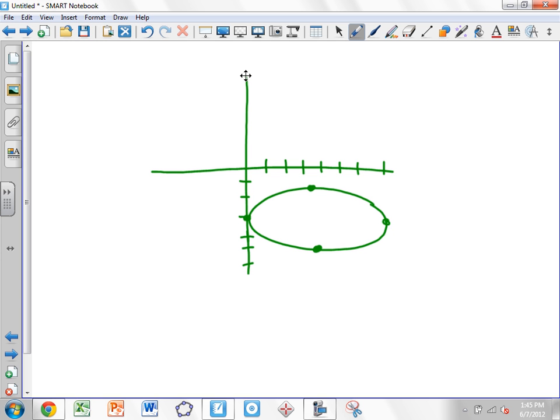For an ellipse, what do we have inside of the ellipse that indicates part of it? What are these things here? Like I have a little x here and a little x here. What were they considered to be?